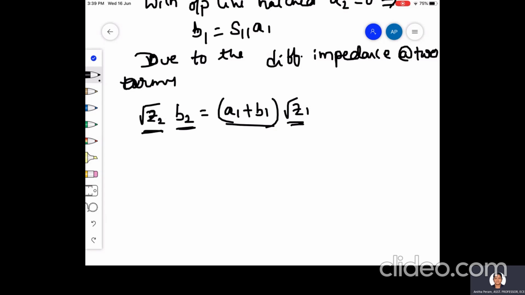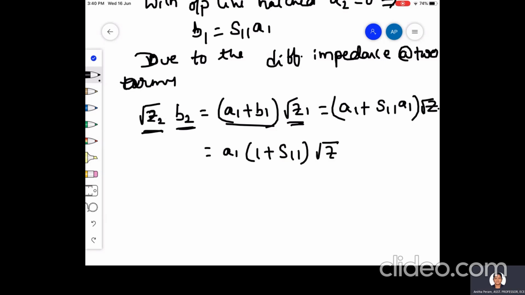Now you substitute the above equation into this. So B1 is nothing but S11 A1. After substituting, S11 A1 multiplied with square root of Z1. Now A1 you take common again: 1 plus S11 into square root of Z1. This side you have square root of Z2 into B2.